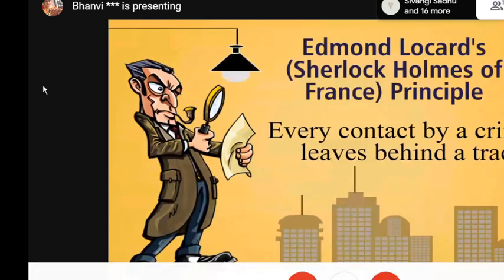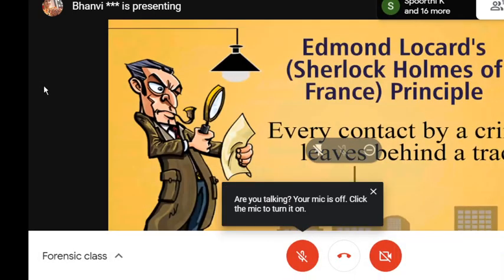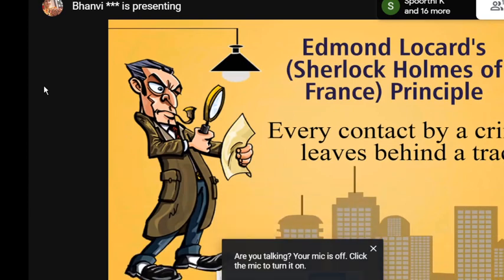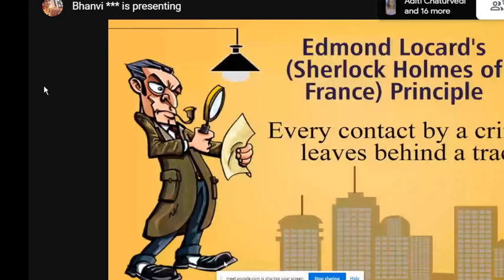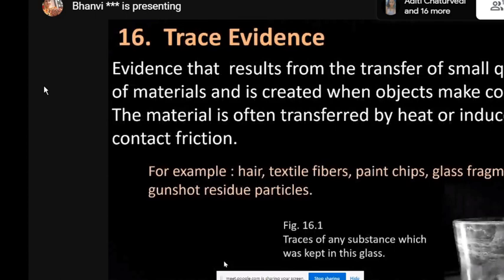This is Edmond Locard's, the Sherlock Holmes of France, principle: every contact by a criminal leaves behind a trace. As I have shown here, traces are left after the substance gets out of this glass.